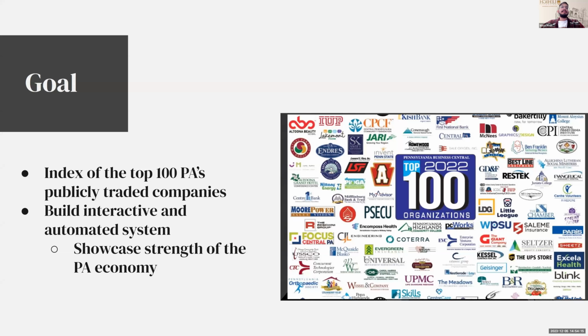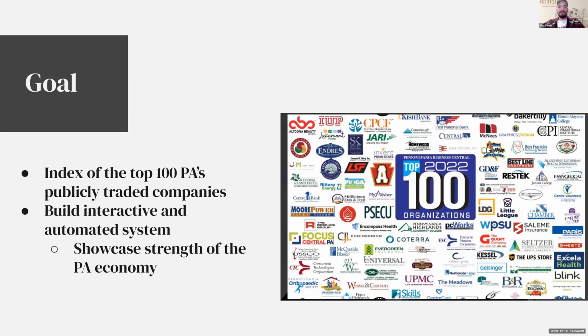The goal is to create an index that represents the top 100 companies traded in Pennsylvania, and to build an interactive and automated system that showcases the strength of the Pennsylvania economy. The reason is Lehigh is located in Pennsylvania, and there's really no other reason why we picked that geographical region.